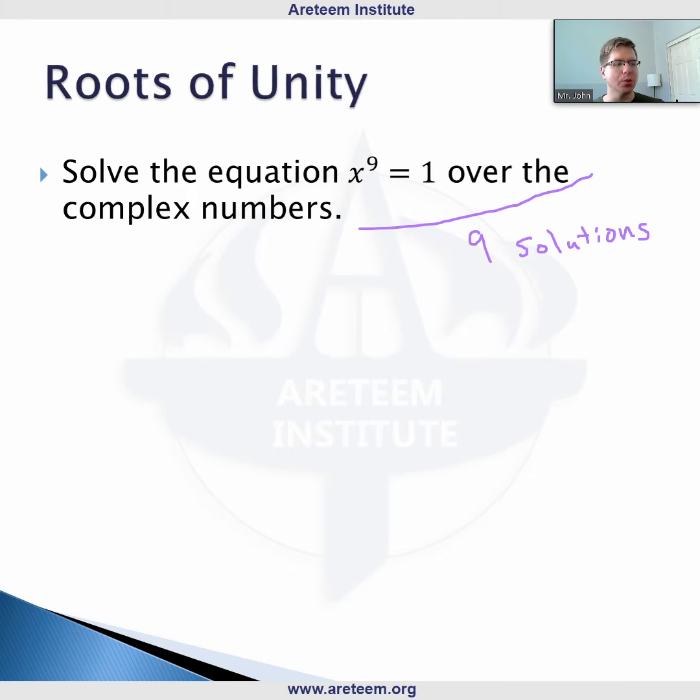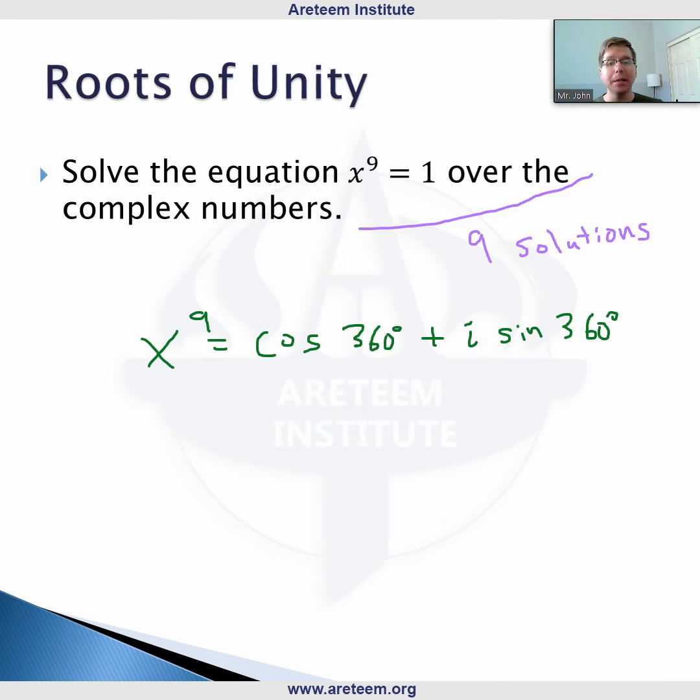And so the issue here now is that if we want to have our strategy of writing this as, well, x to the 9th is cosine of 360 degrees plus i sine of 360 degrees.